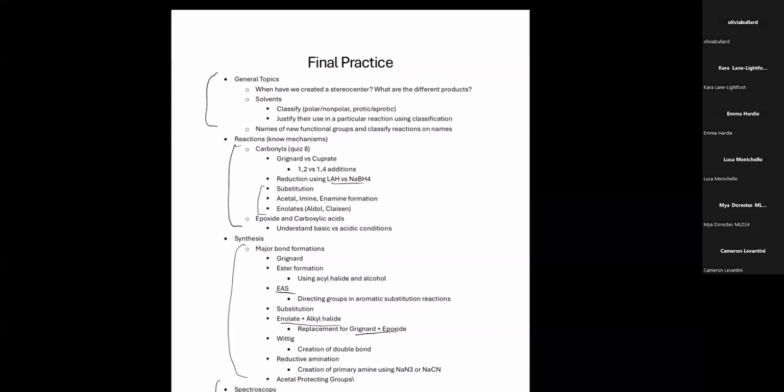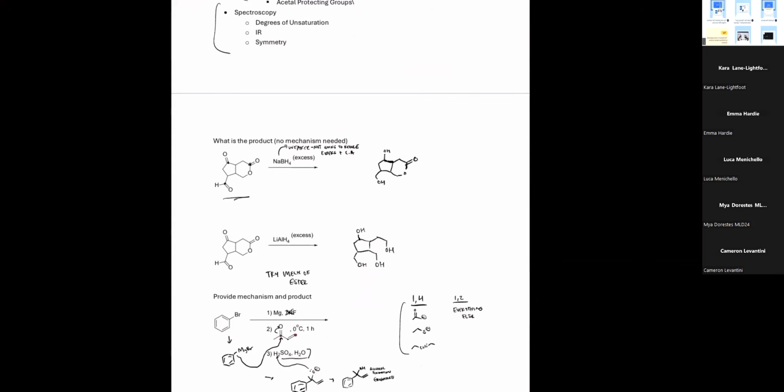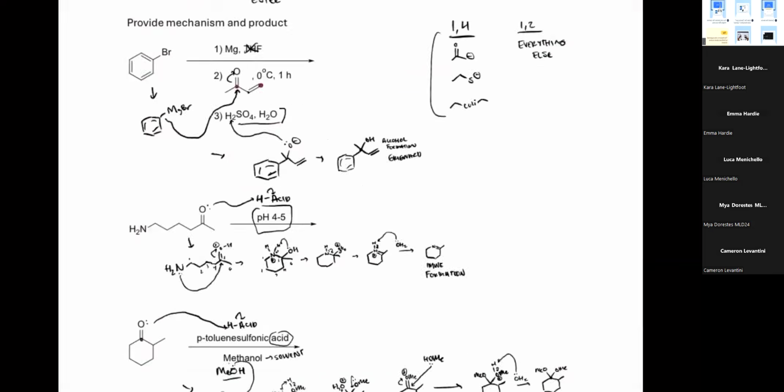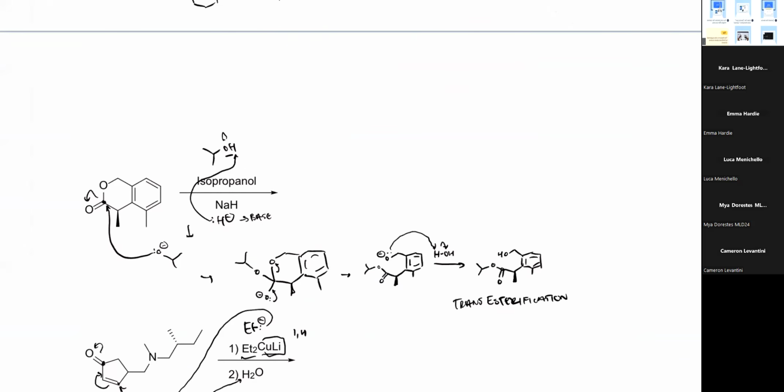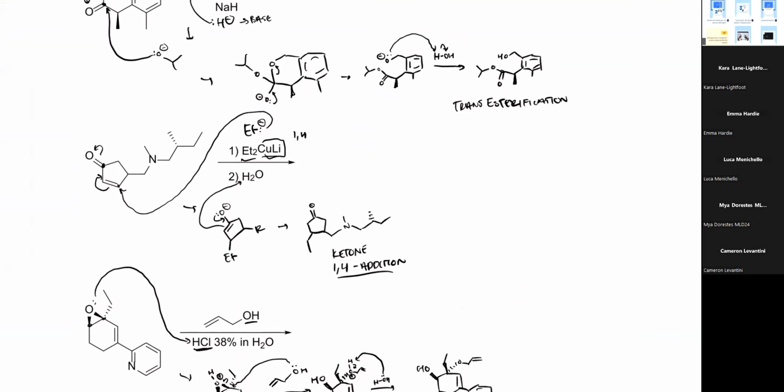Quick question. Earlier, we were saying a stereo center was created. I know you said you'd be specific about how you ask for stereo centers, but in the one where LDA attacks a hydrogen next to a carbonyl and we created a negative charge, would that actually be a stereo center, because it only had 3 bonds?